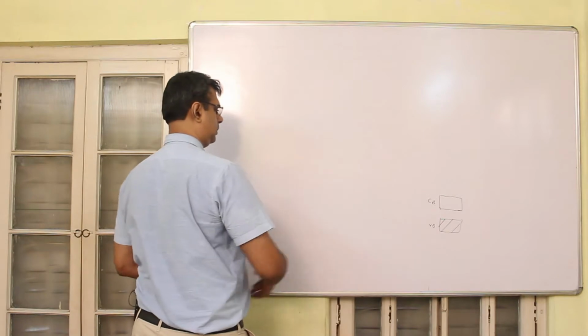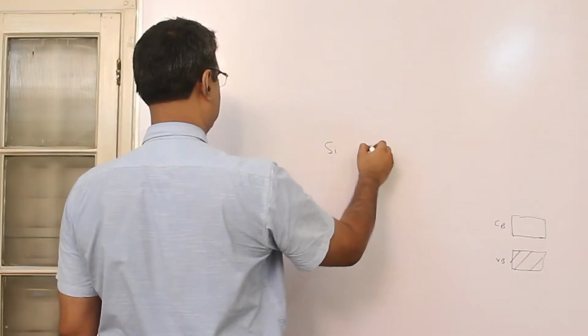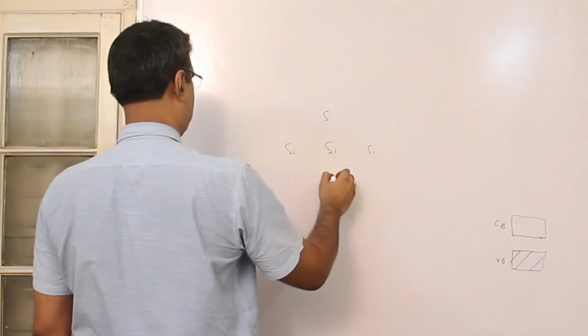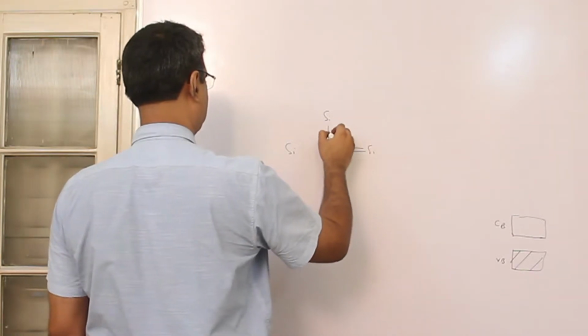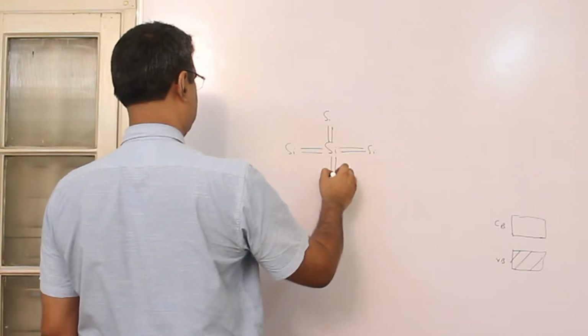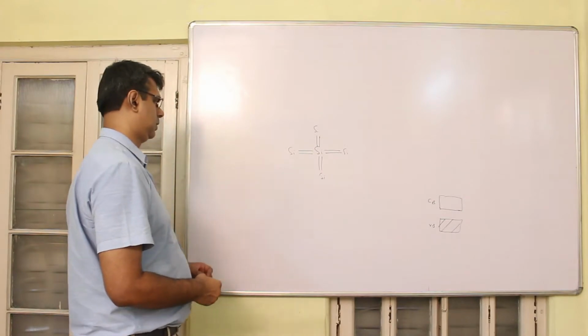Let's understand this particular phenomenon a little better. Suppose you have a structure of silicon. You will find that each silicon atom is surrounded tetrahedrally by 4 neighboring silicon atoms.